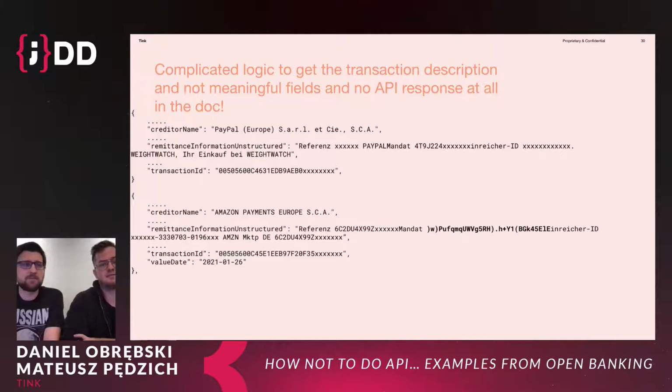Some APIs provide endpoints for getting transaction details, but let's assume that every user has around 2,000 transactions, and we would like to get this nice description from this endpoint. That would mean that for every user we would need to make an additional 2,000 calls, and well, your API wouldn't be happy. But even if an API provides such an endpoint, in most cases the description is not better at all.